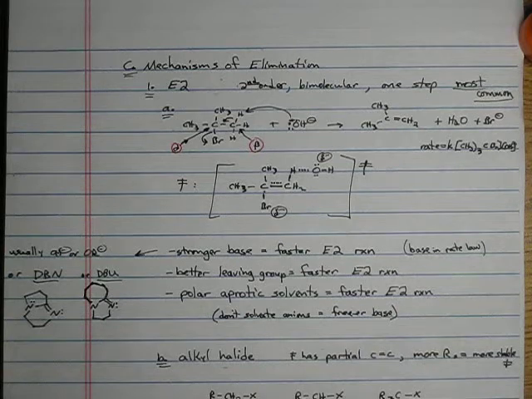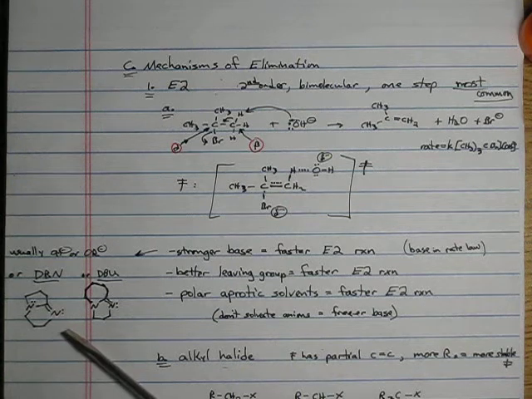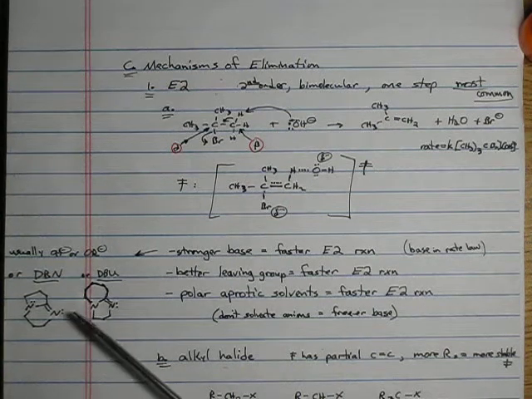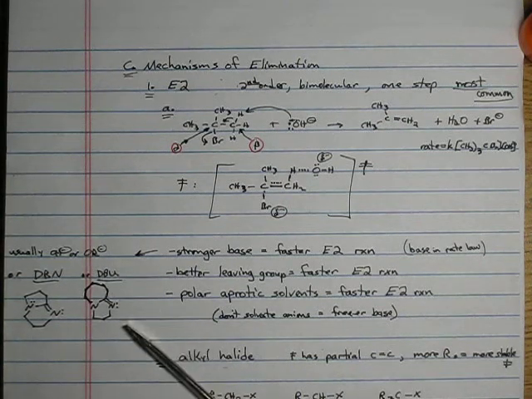Recall acetone, dimethylformamide, tetrahydrofuran, acetonitrile, the common aprotic solvents. Something to mention here, we'll get into a little bit more: here are 2 bases that we haven't discussed too much, DBN and DBU. These are also strong bases and they work very nicely for E2 elimination reactions.